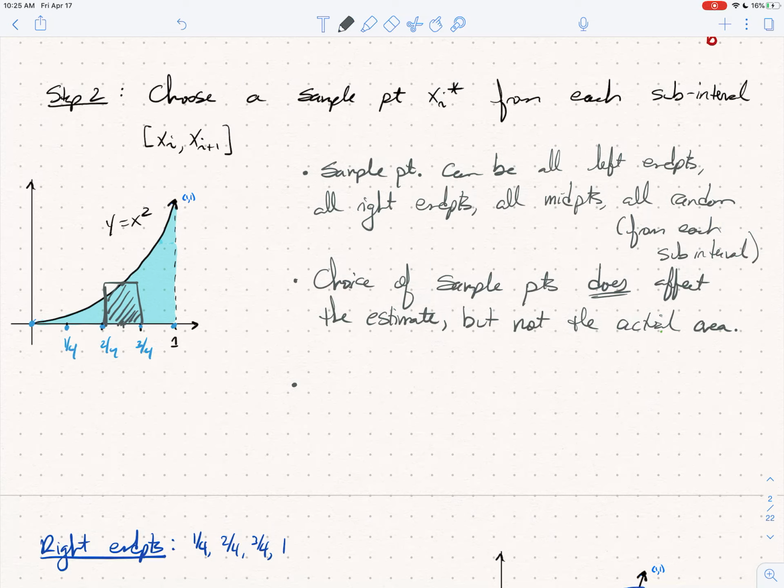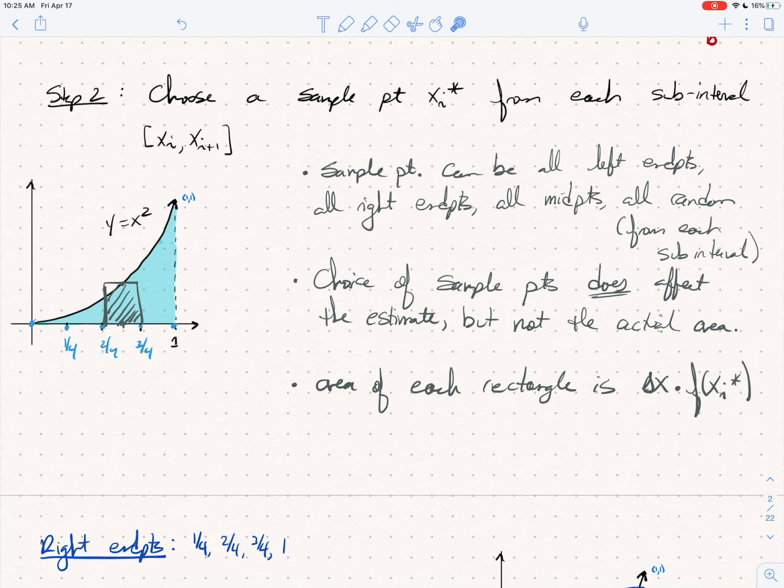The base is always just delta x. So the area of each little rectangle is delta x times f of your test point. And this x sub i star is just the test point that you're plugging in.